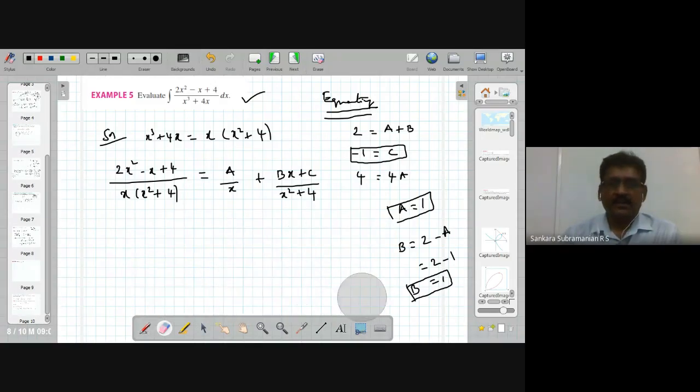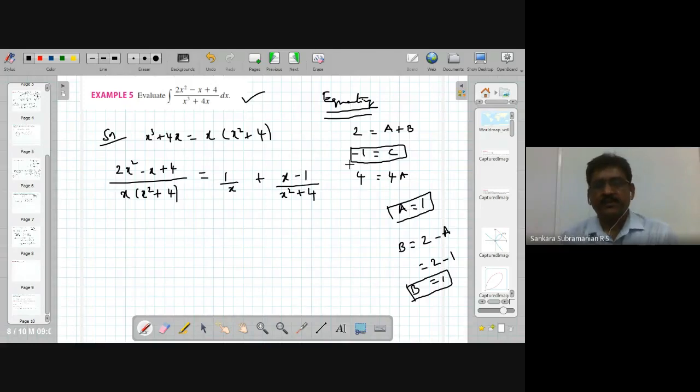So therefore, I come with the values for A, B, and C. Okay. So A is 1, and B is 1. So Bx plus C is minus 1. All right.